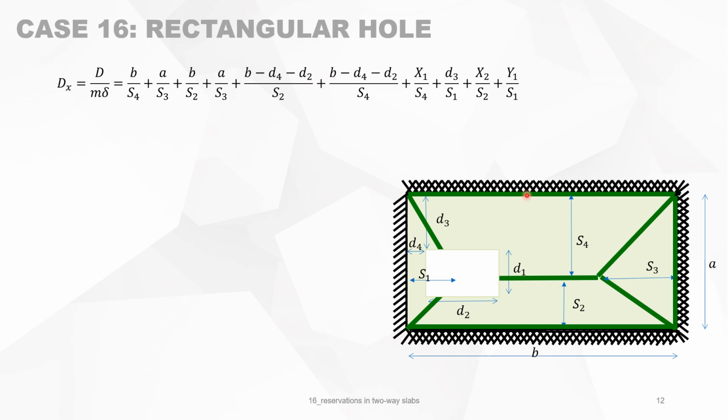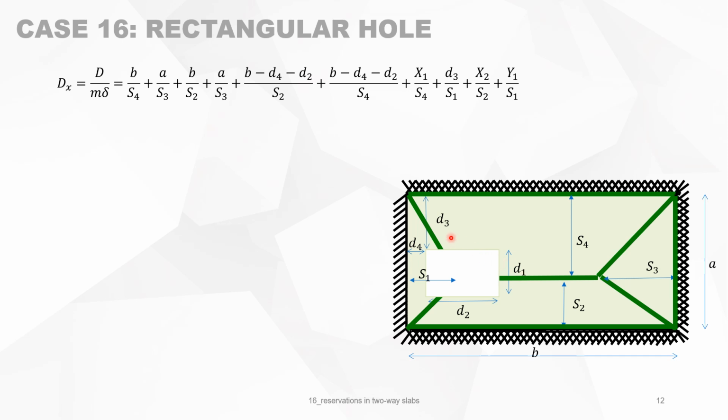The length is B, and the mean rotation is delta over S4. So that's this, delta over S4. Then we got on this side A over S3, on this side B over S2, and we have also this one, A over S3.